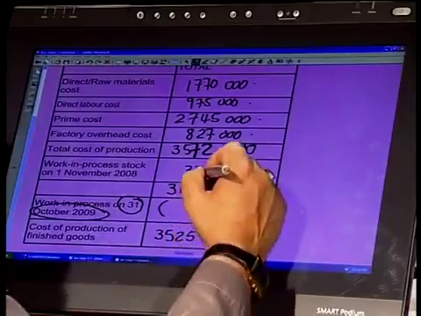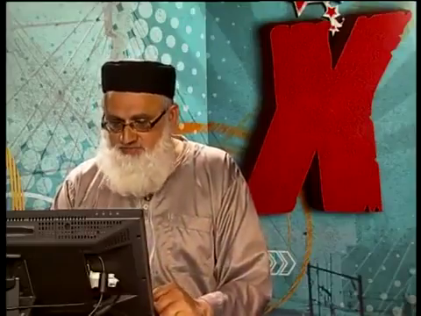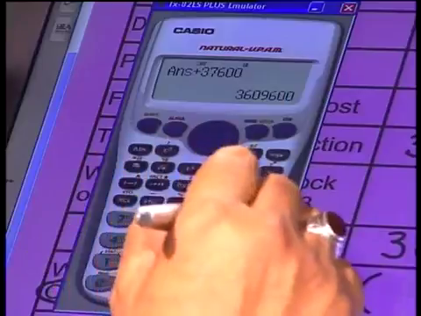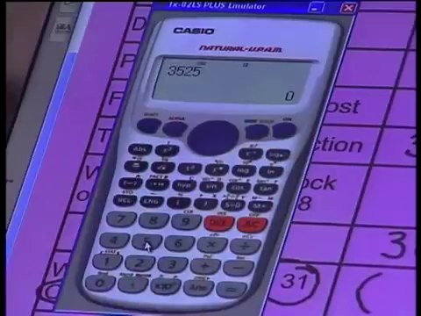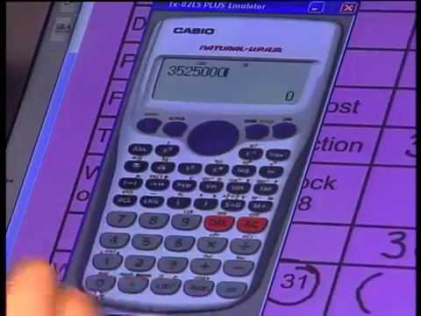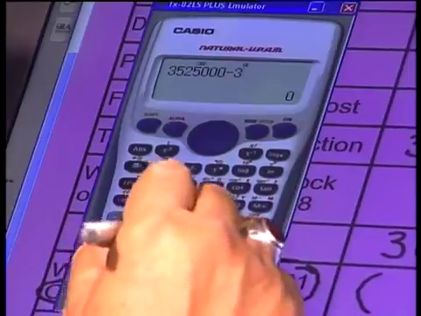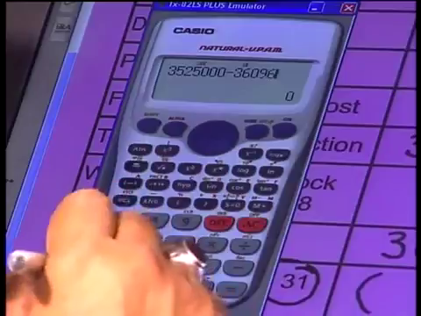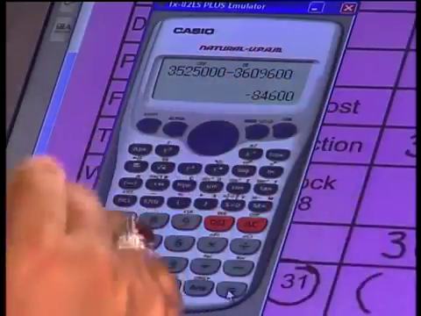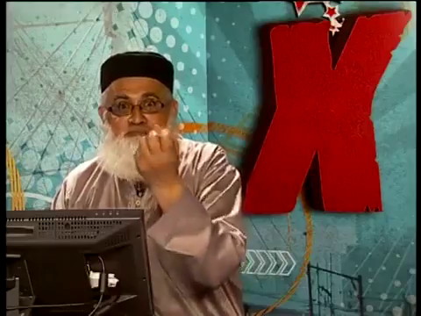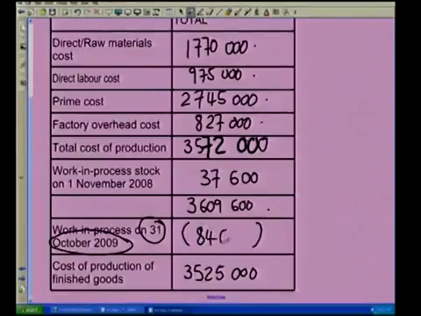In other words, the 3,525,000 plus that figure, I'm working backwards. Remember the operations. That minus that will give me that. And if I say that plus that will give me that figure. Got it? So I can calculate it, can't I? Let's do that. 3,525,000 minus 3,609,600 is equal to negative 84,600.